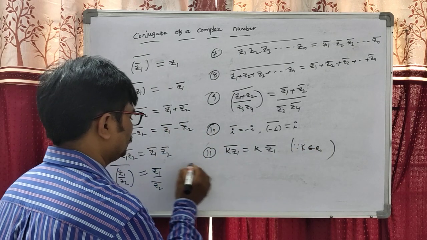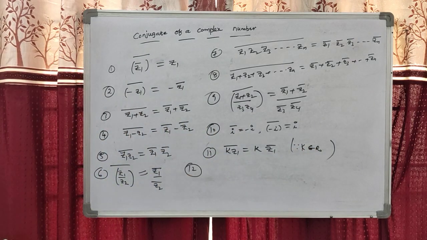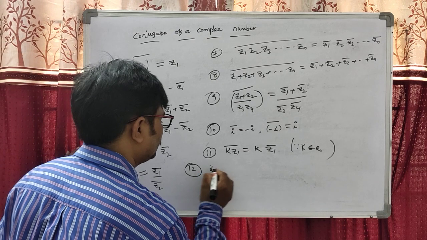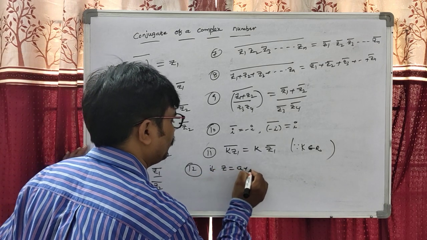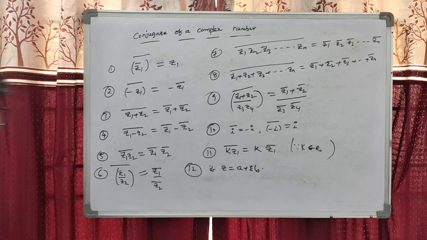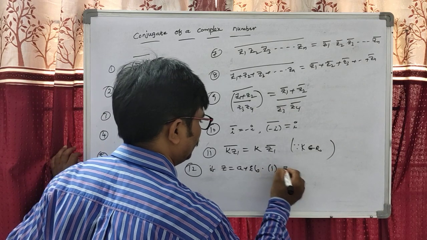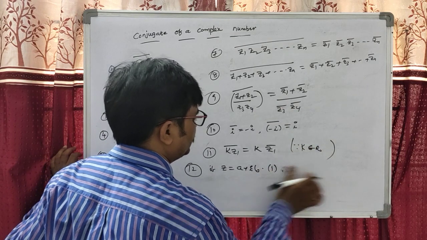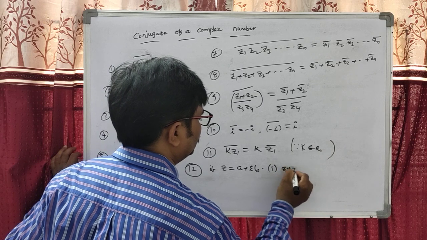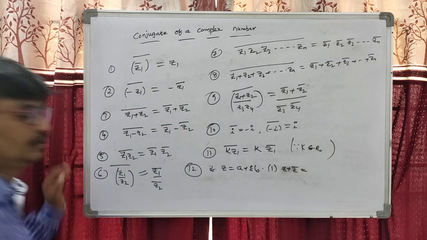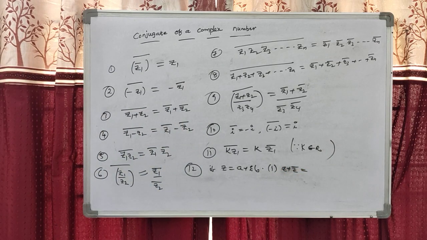Now, students, the twelfth one is there. If z equals a plus ib, then the first one is z plus z bar, that is the addition.